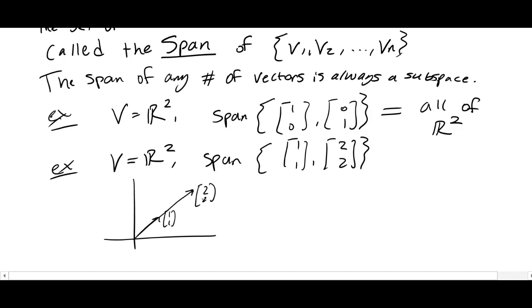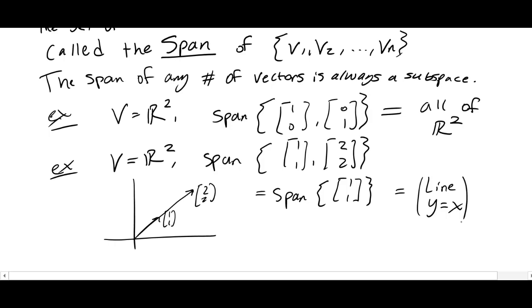So this is just the same thing as the span of (1, 1), which is the line y equals x in R2. So the span could be a 2-dimensional or 1-dimensional object.